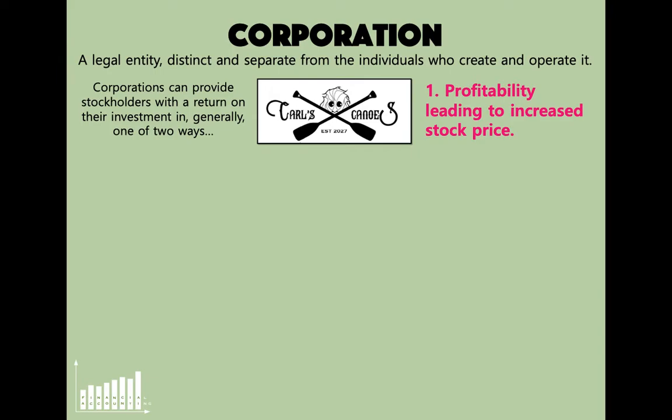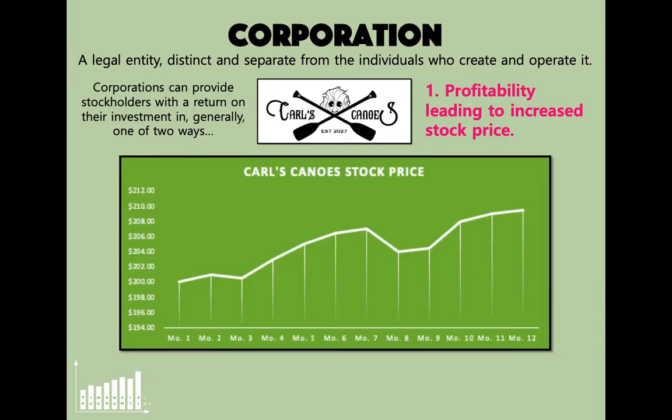Now, we can provide a return to these stockholders, right? They want to make money. One of the ways we can do that is through profitability, which leads to increased stock prices. So this is a fake graph that I made, not altogether unlike graphs you would see on real stocks, but for the most part, we're just saying here that the stock they purchased at $200 a piece was at month 1.